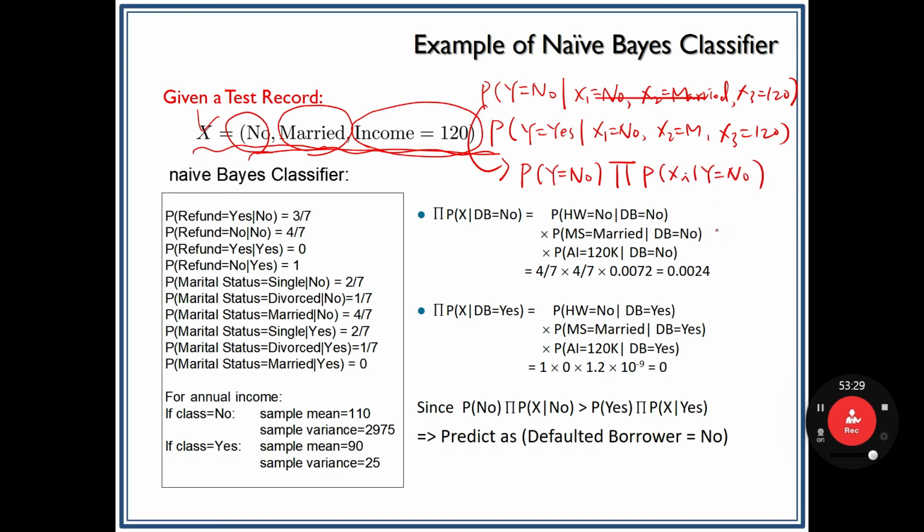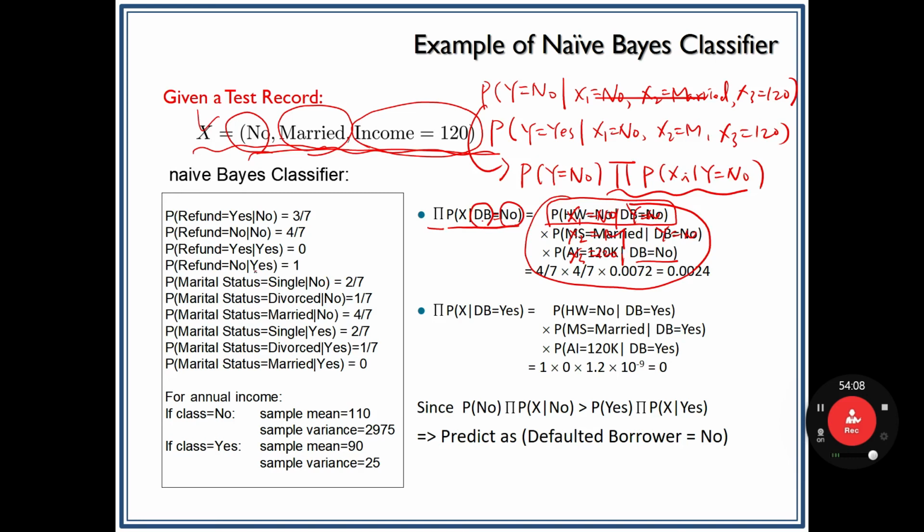The product of conditional probabilities in the case of y equals no, defaulted borrower is no, is given here. x1 is no, x2 is married, x3 is 120, given y is no. What is that?